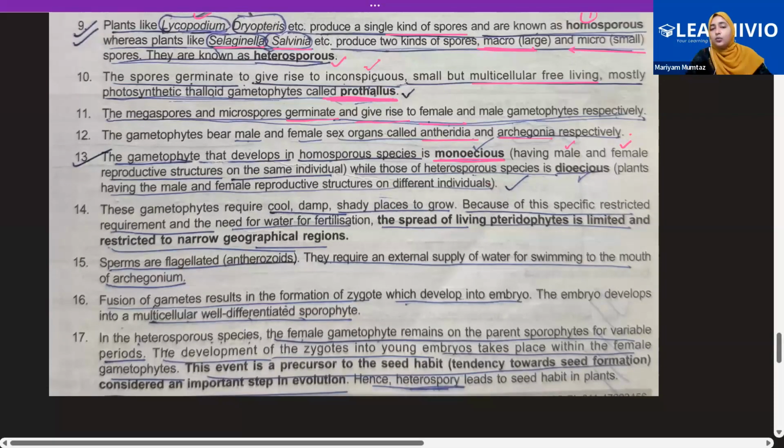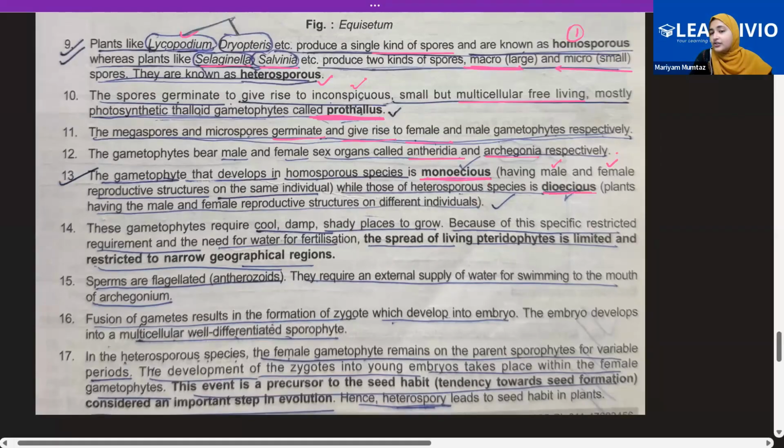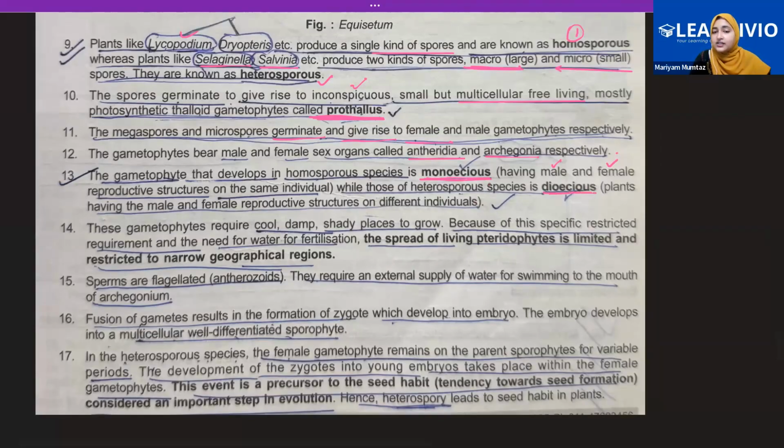That condition is called monoecious, while that of heterosporous species is called dioecious. Dioecious means the male and the female reproductive structures are present on different individuals. That is the case of the heterosporous species.